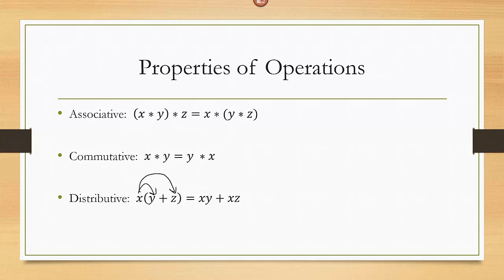So let's use a block method. Let's say we do 3 times 2 plus 4. And that will equal, let's distribute that, 3 times 2 plus 3 times 4.